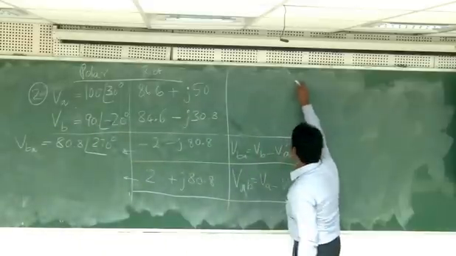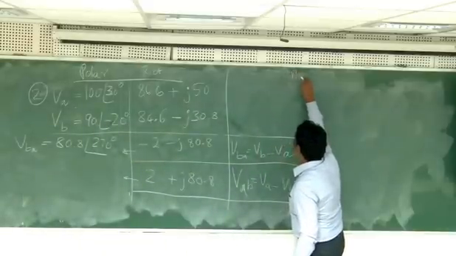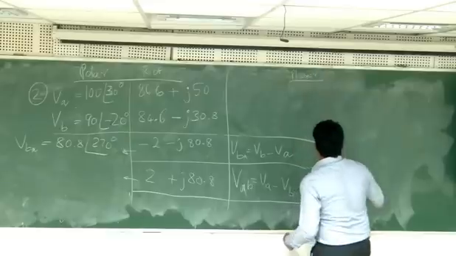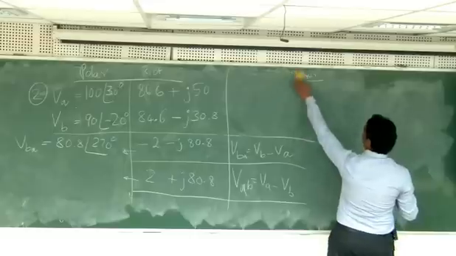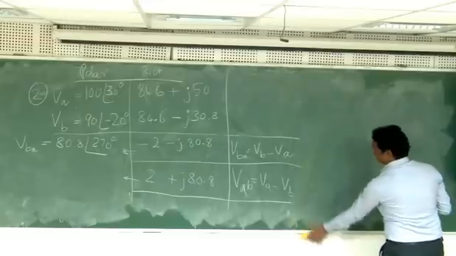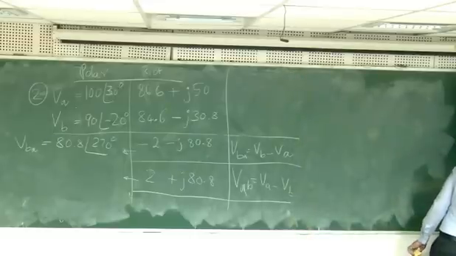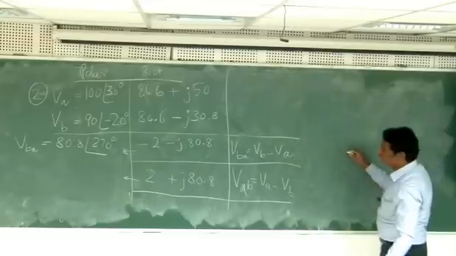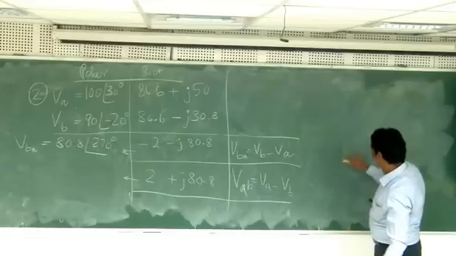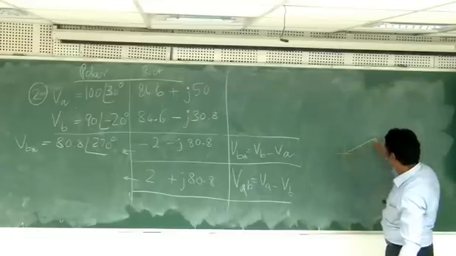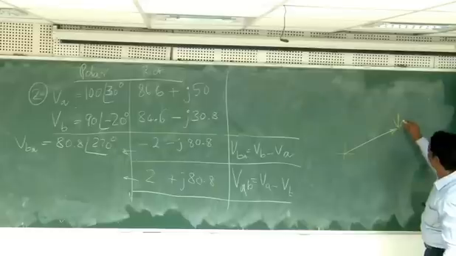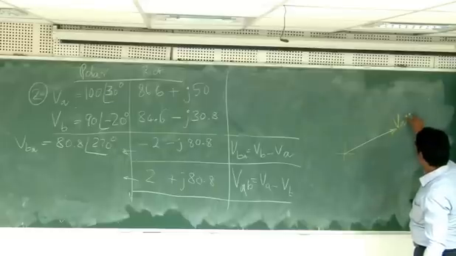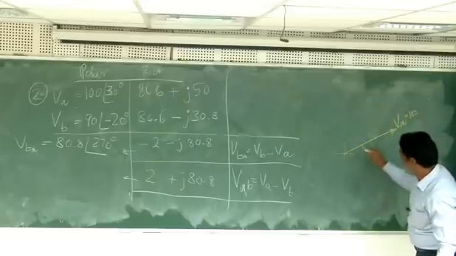I'll draw the phasor diagram here. I'll use the full space. So this is my origin point. This is VA. Length is 100 and the angle is 30 degrees.